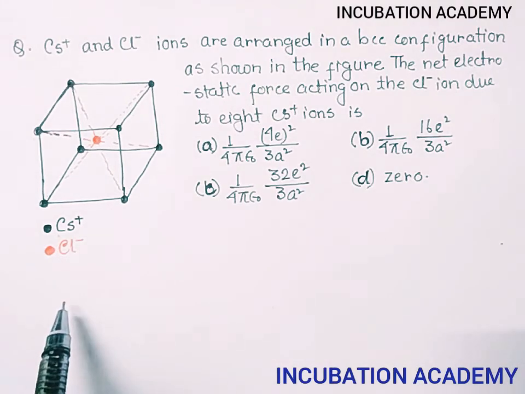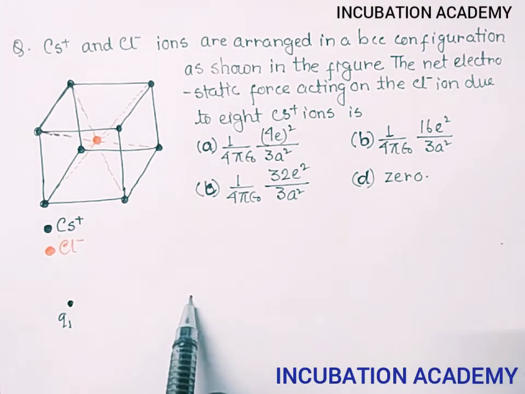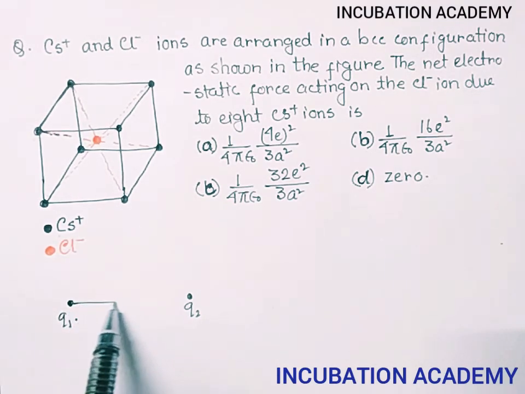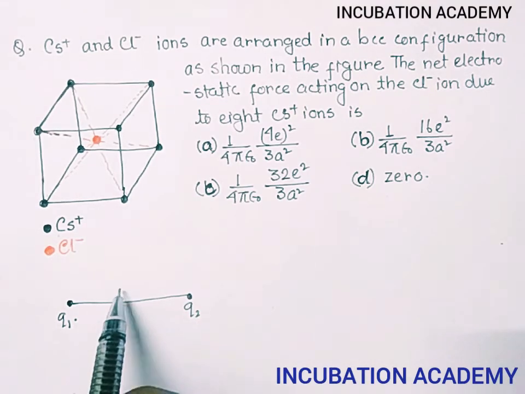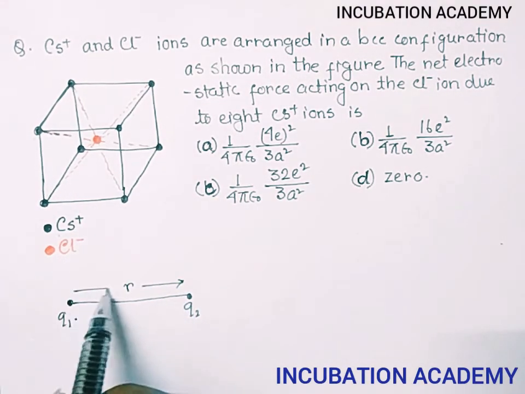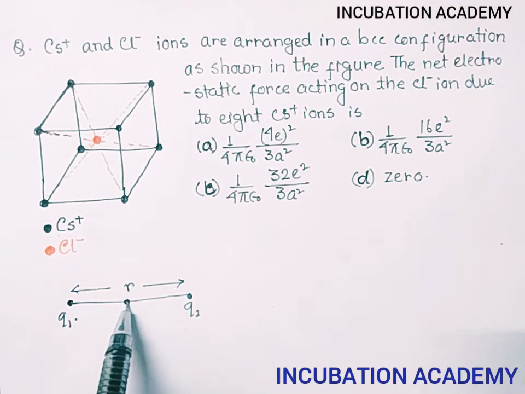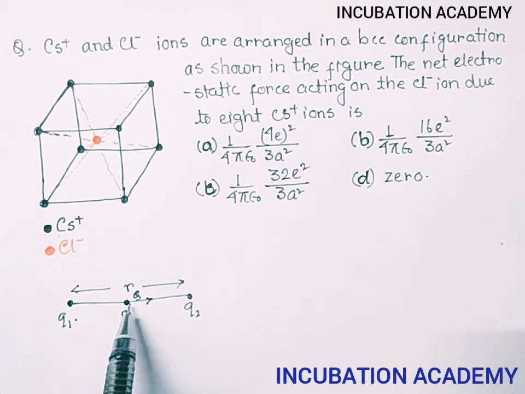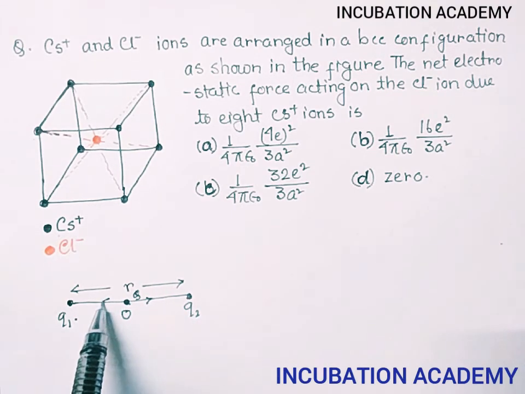At first we try to understand this. Let us take a charge q1 and a charge q2. If they are of the same magnitude, q1 equal to q2, and they are separated by a certain distance, let us say r, and O is the midpoint, then consider the force on any charge, let us say capital Q, placed at the point O. The force on capital Q due to q1 acts along this direction, and the force on capital Q due to q2 acts along this direction.